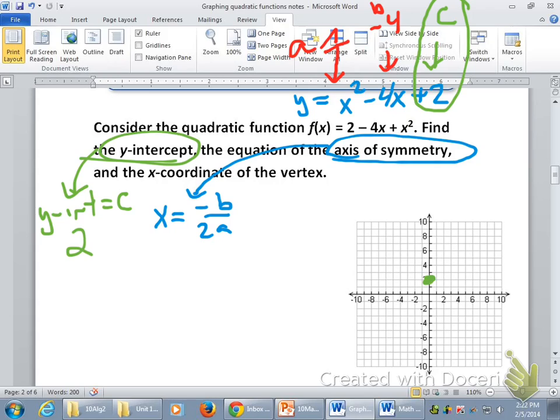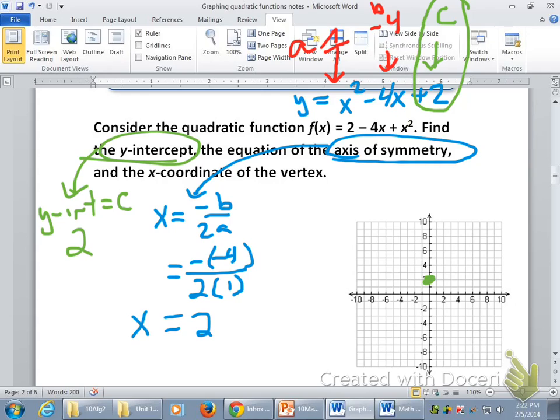So what's the b? -4. So I'm doing -(-4), divided by 2 times a. A was a 1. So that gives me on top, 4, divided by 2, which is 2. So my axis of symmetry is at x equals 2.